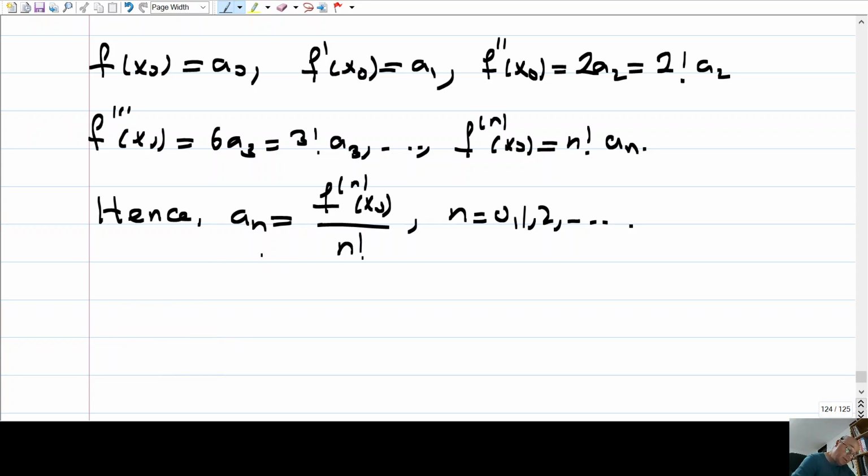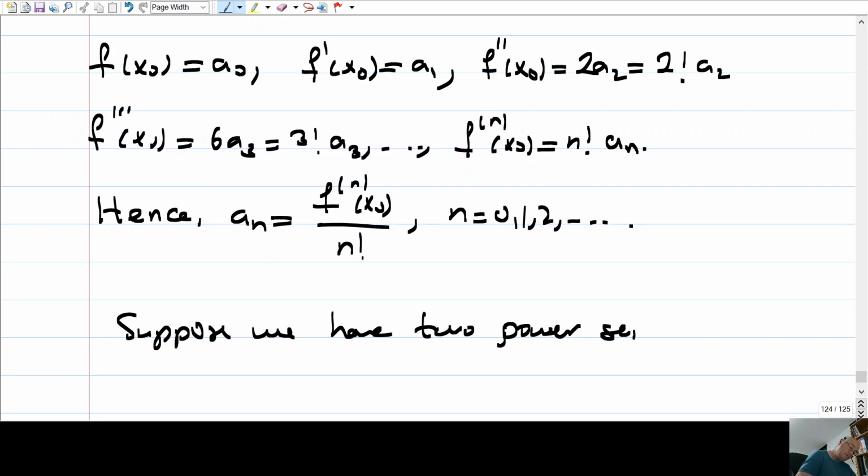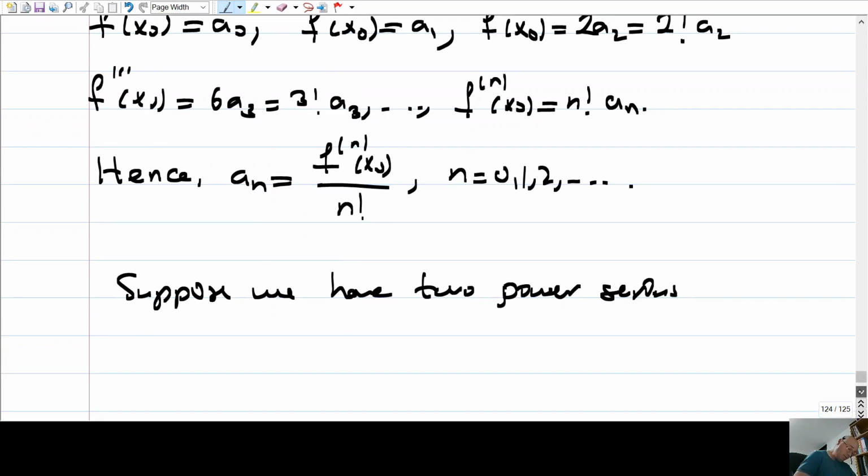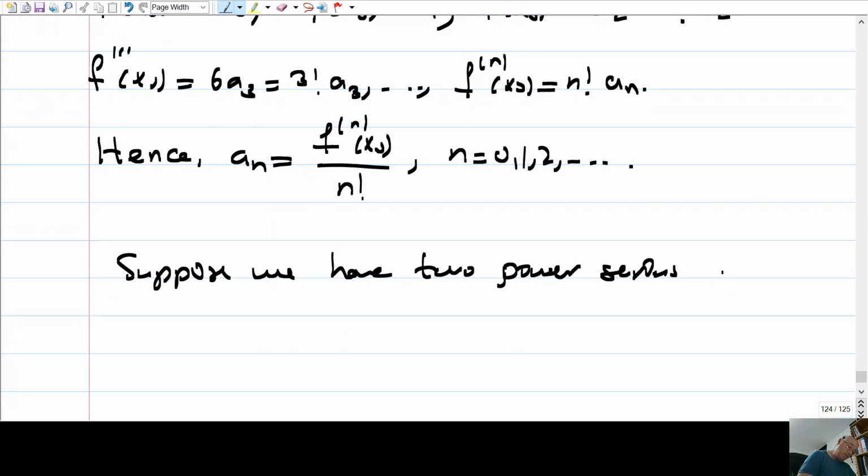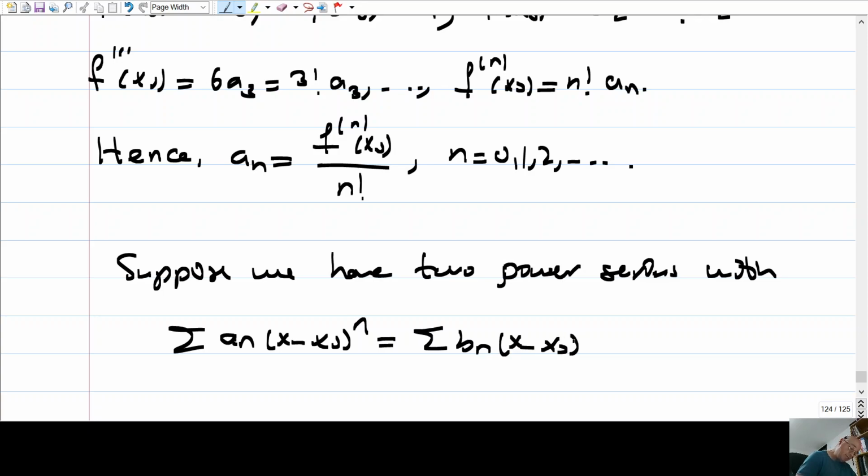Suppose we have two power series with this property: the sum of an x minus x0 to the power n is equal to the sum of bn x minus x0 to the power n.